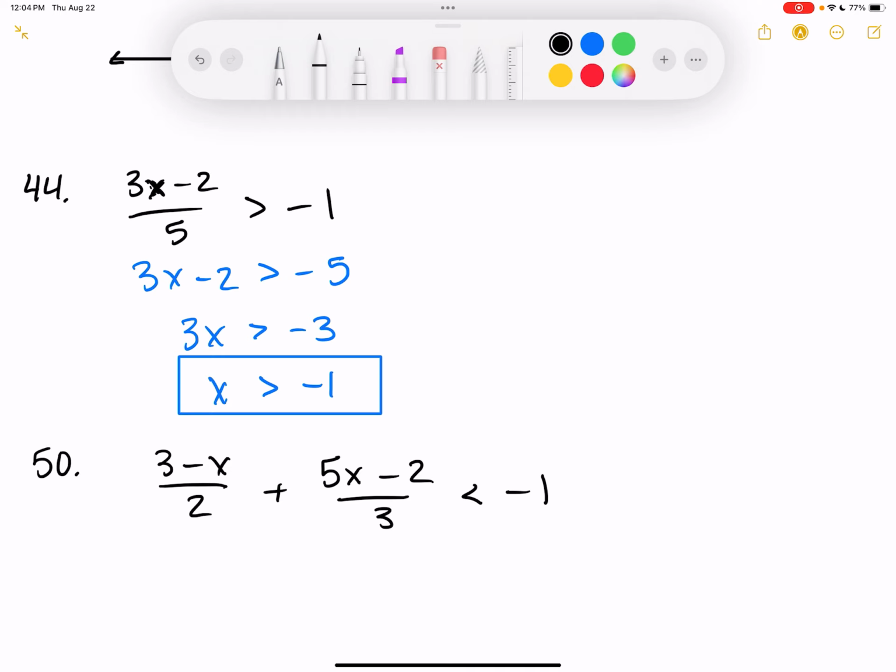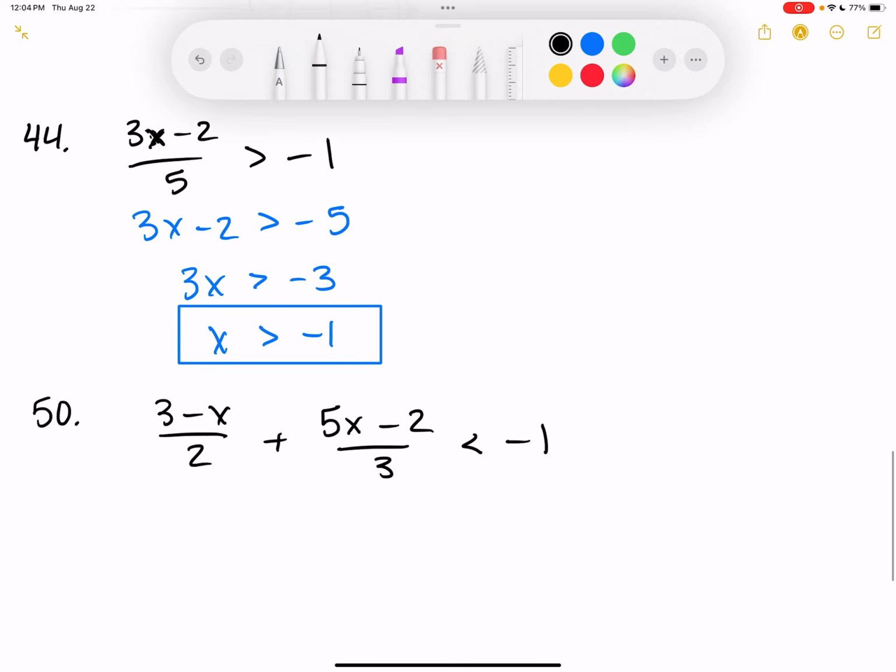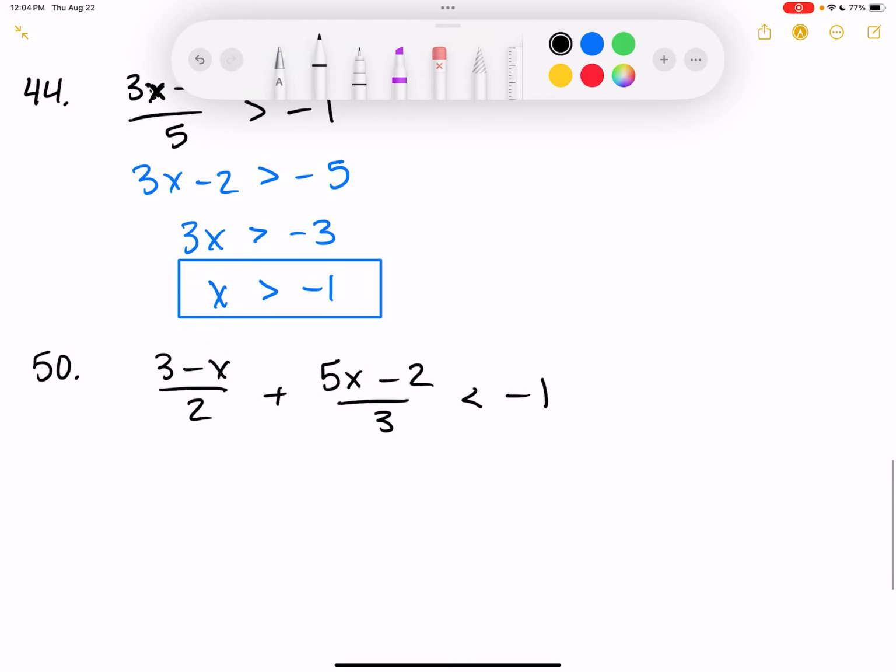You have to combine the two. You have to combine the addition first and then solve the inequality. But I can't combine them as they sit. Yeah, you have to change the denominator. You have to do a common denominator, which is 2 and 3. Which is what? Multiply the 2 by 3, multiply the 3 by 2.